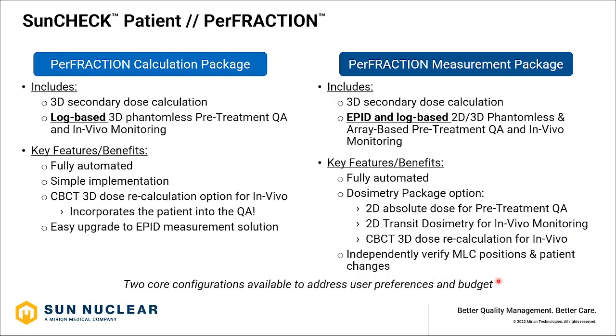So using this particular method, you're actually able to independently verify MLC position, as well as monitor any kind of patient changes that may occur during the patient's treatment. So this provides a good way of extending your QA method. In addition to just doing simple 3D secondary dose verification, you're actually able to do a complete measurement-based QA.